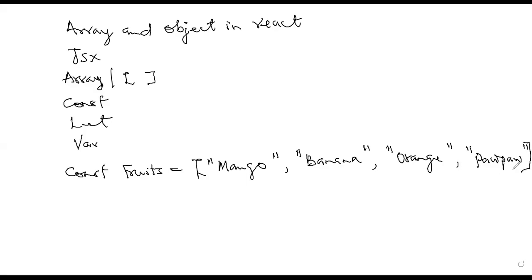Then you close the square bracket. So this is how an array is expressed. This is how to write an array that is assigned to a constant variable known as fruits.